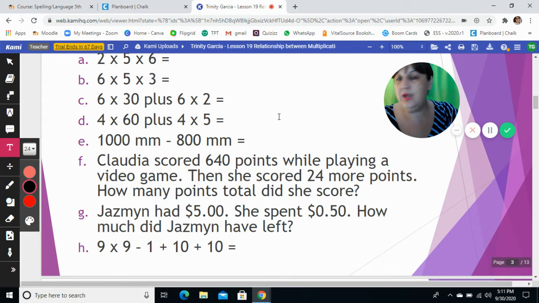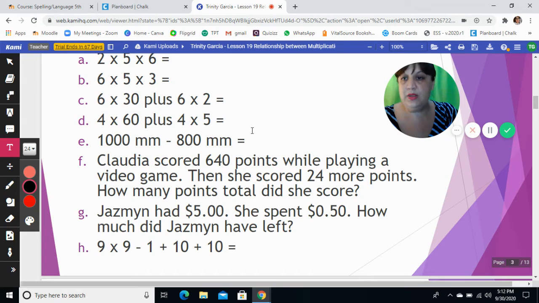C should be 192. Okay, this has a multiplication, and then it says plus this multiplication. So you need to do 2 multiplication problems and then add them together, and you should have got 192. For D, you should have got 260.